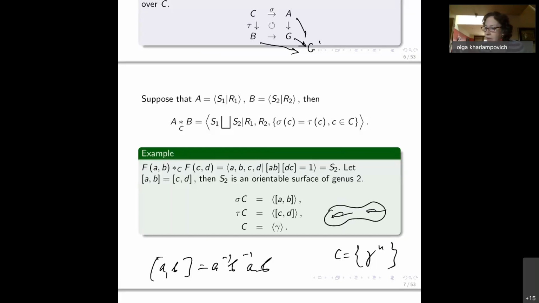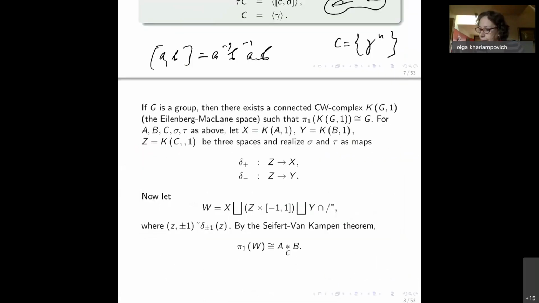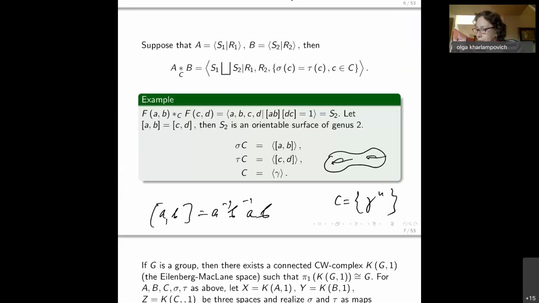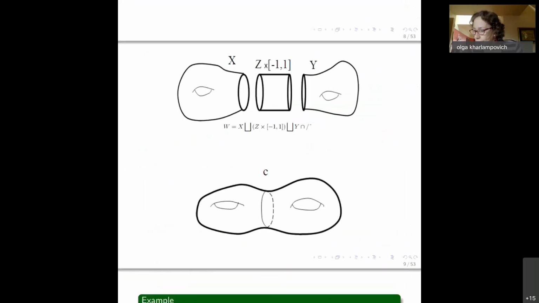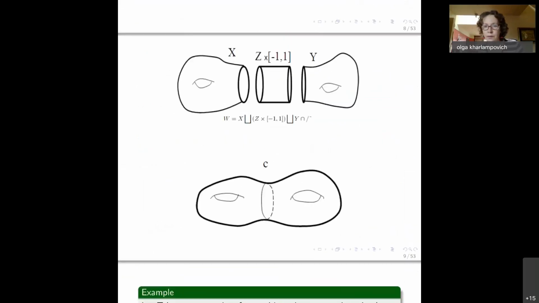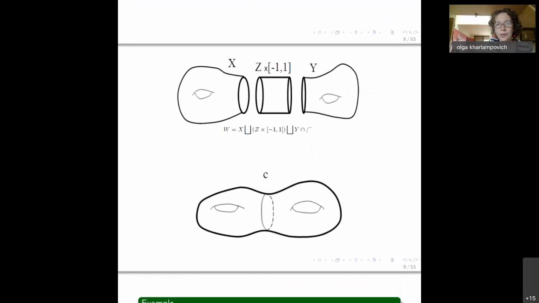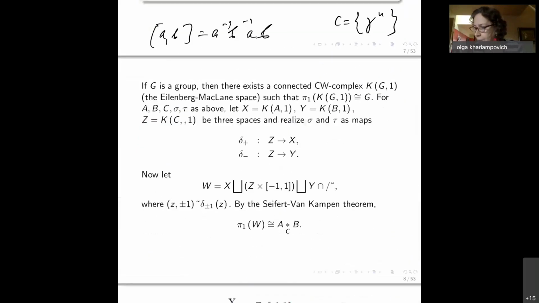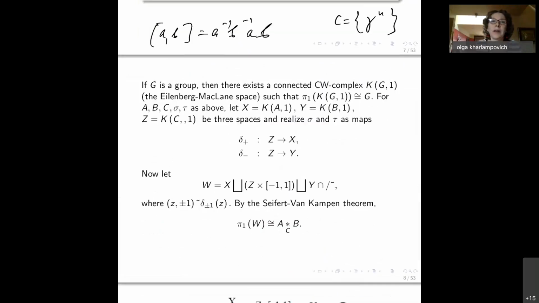And generally, maybe let me first go to surfaces. This is the orientable surface of genus 2 represented as an amalgamated product, in my example. But there is a topological interpretation of this construction of the amalgamated product. For any group, there is a connected CW complex, which is called the Eilenberg-MacLane space.